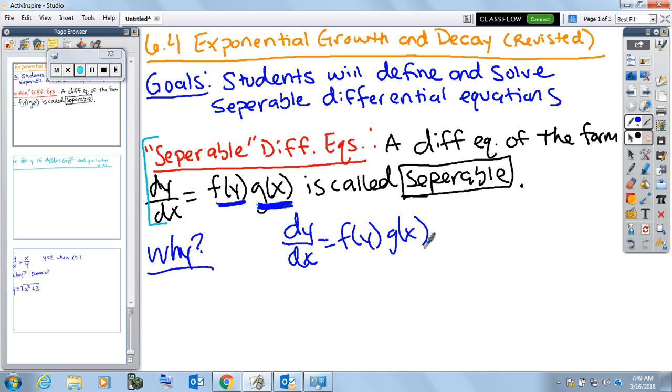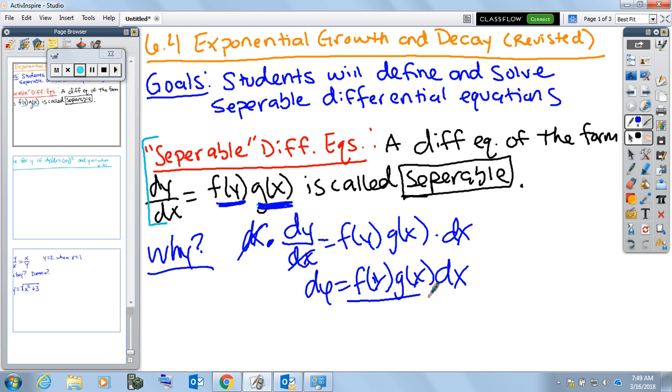I want to get the differentials of y's matched up together, and I want to get the differentials with x's matched up with the function that has x involved. So I need to maneuver to get my x's on one side, and I'm left with dy equals f(y) times g(x) dx.